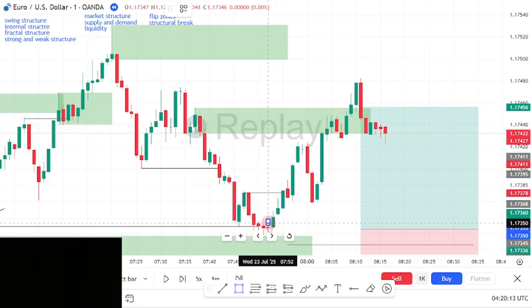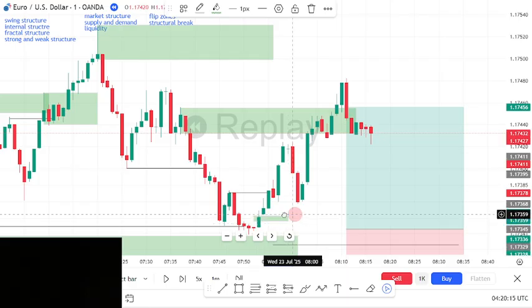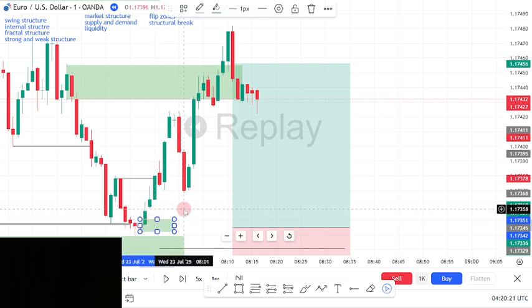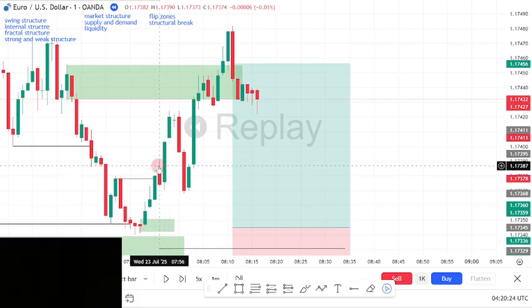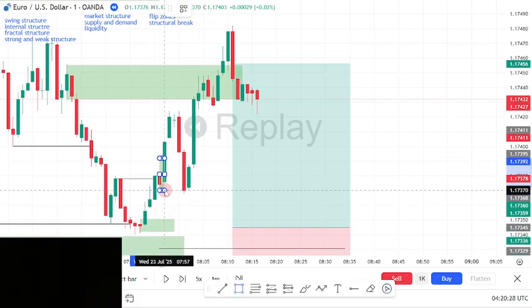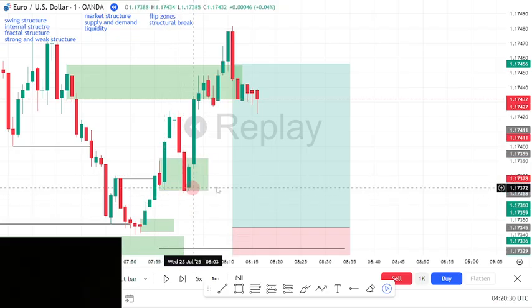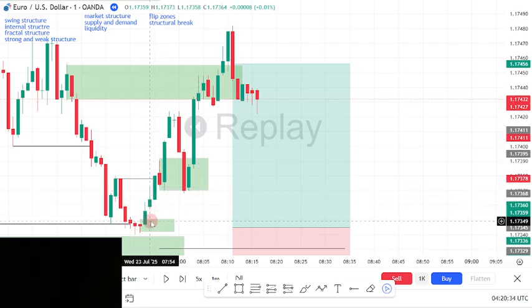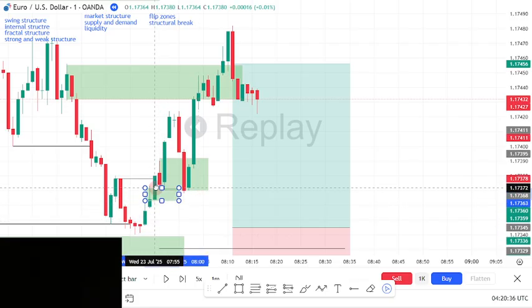When price is pulling back, we will identify these two areas. This one area, and we identify this another area as well. Okay, so even this one was swept, right? This liquidity was swept. We have these demand regions here.